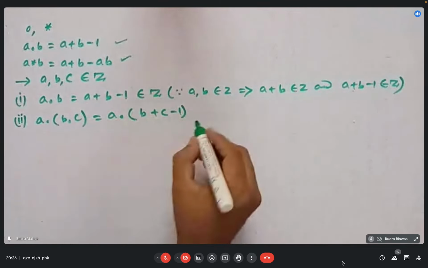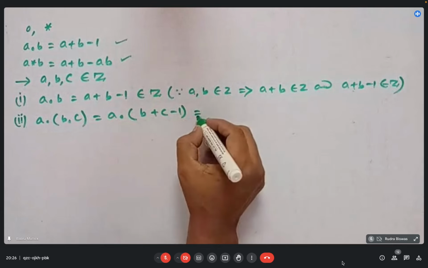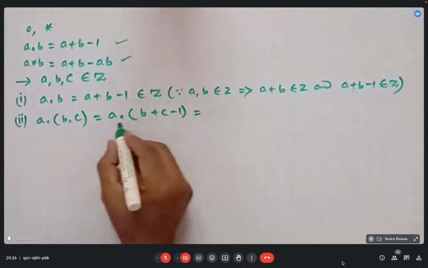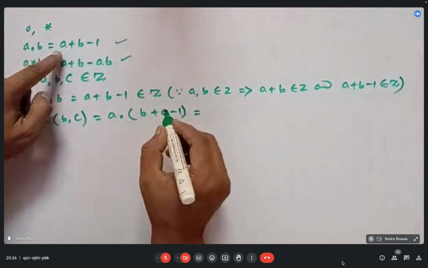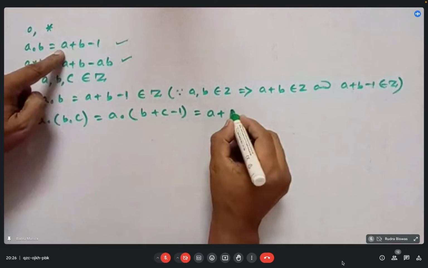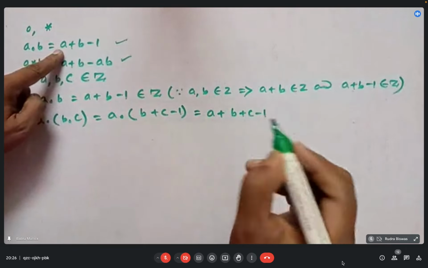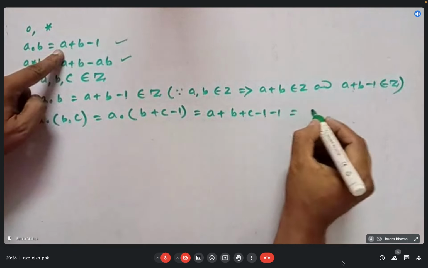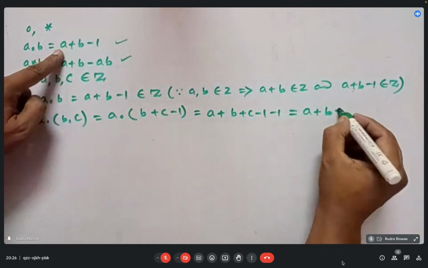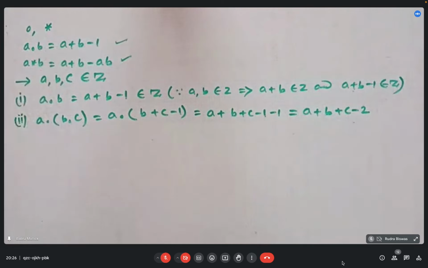Calculate: it is first element plus second element minus 1. So first element plus second element minus 1, that is A plus B plus C minus 2.